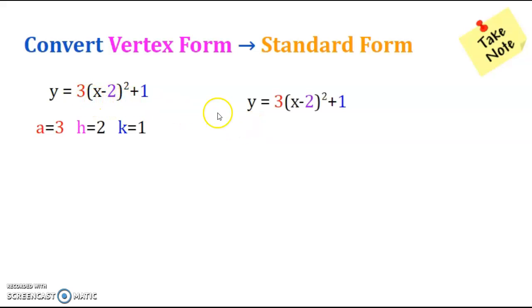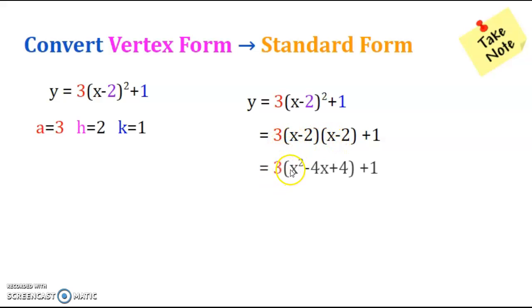Well, I just need to multiply it out, but you need to use the order of operations. Exponents are always before multiplication, so you do the exponents first. So it's x minus 2 times x minus 2, and that becomes x squared minus 4x plus 4 using FOIL.